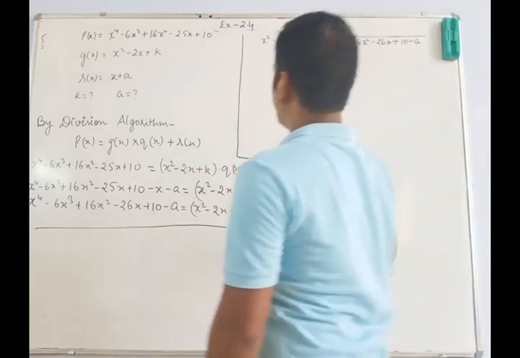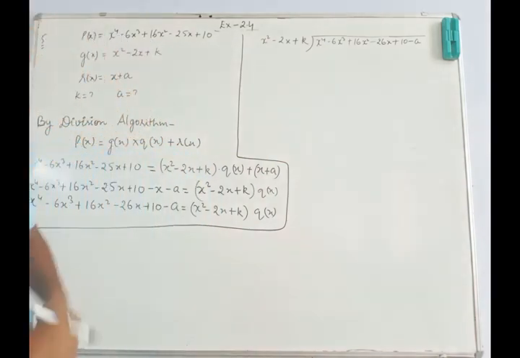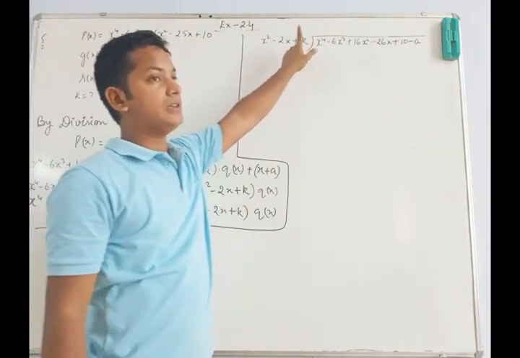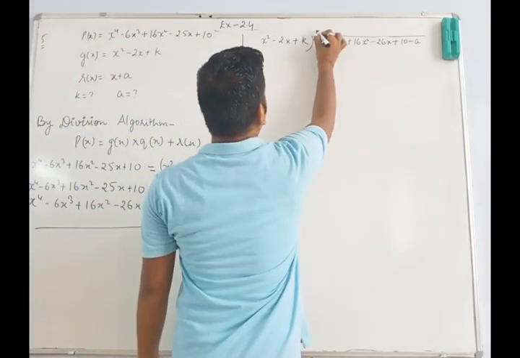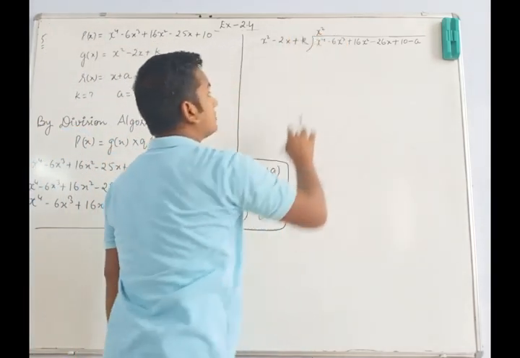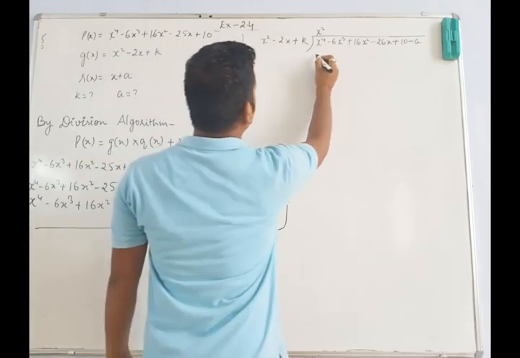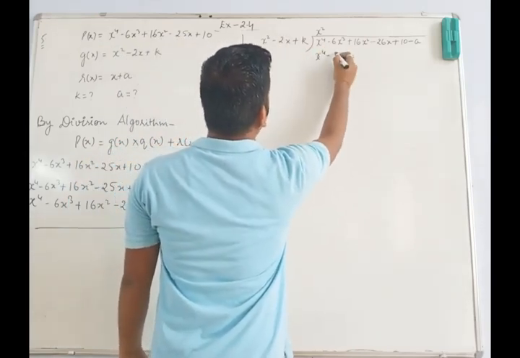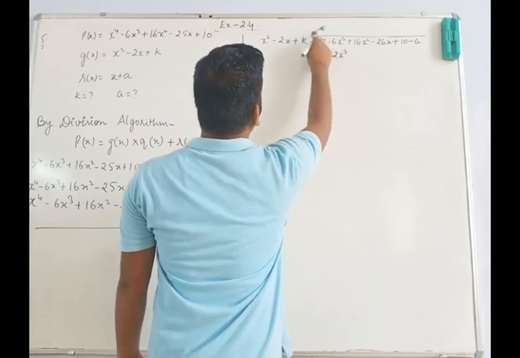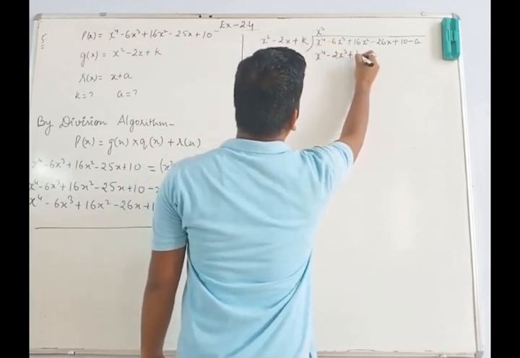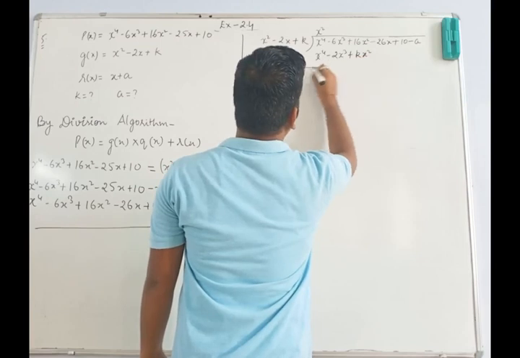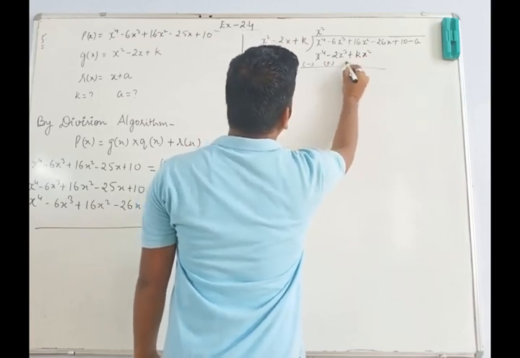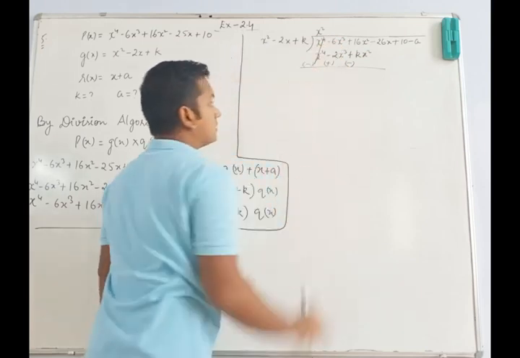Here it is. To eliminate the first term, we have to multiply by x square. So x square into x square gives x raised to the power 4, minus 2x cube, and plus kx square. Here minus and plus, so the x to the power 4 terms will get cancelled out.